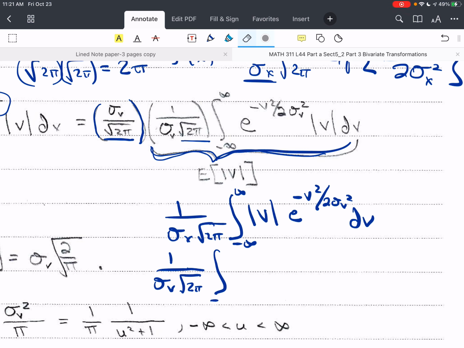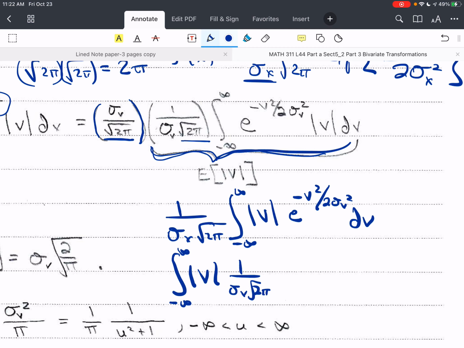So what I'm going to do is first move the square root of 2 pi inside the integral. But I'm actually going to make this the absolute value of v first, and then 1 over sigma v square root of 2 pi, e to the negative v squared over 2 sigma v squared dv.